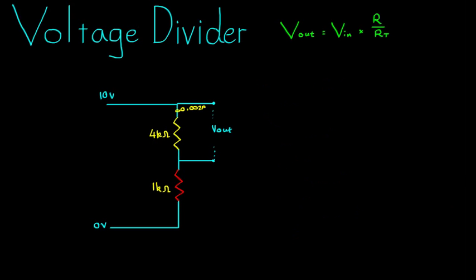Let's use the voltage divider equation up here to find the voltage across this component very quickly. We said the total resistance was equal to 5 kilo ohms, 1 plus 4.